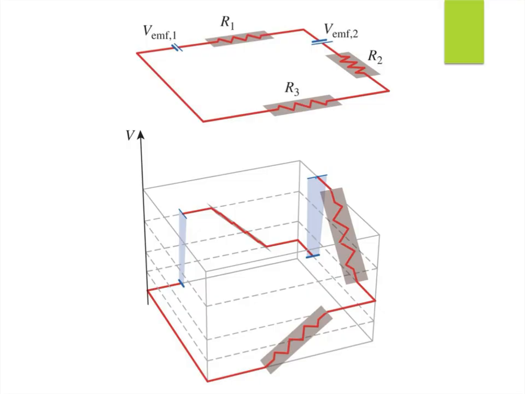So if I started up here, right after I went through the battery, I lose potential through the two resistors, and then I'll travel through each battery. Oh, there's another resistor, so I lose a little bit there, and then I gain finally through the last battery, and I end up where I started.